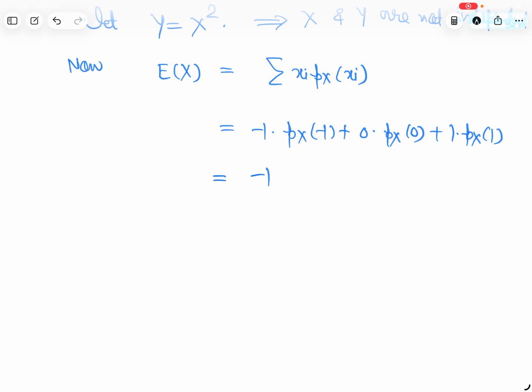Minus 1 into 1 by 3, this part becomes 0 because 0 multiplied by something is 0, and 1 into 1 by 3. So this is minus 1 by 3 and this is plus 1 by 3, so it cancels out.